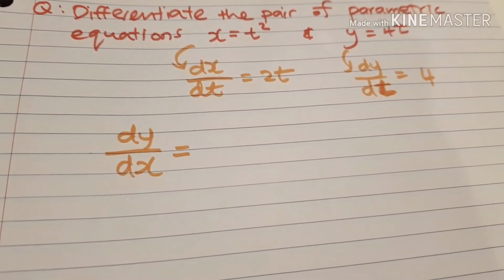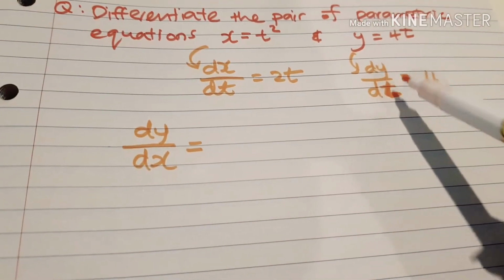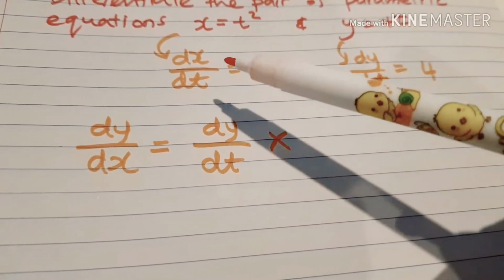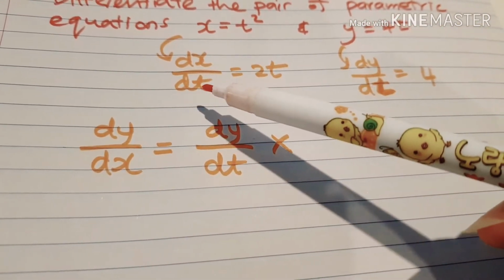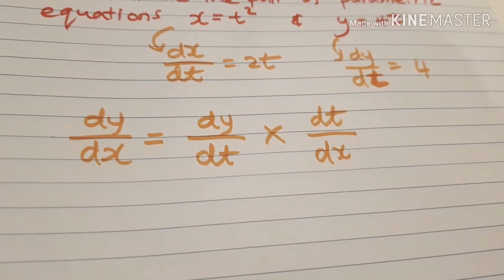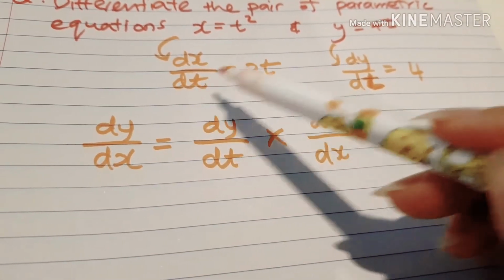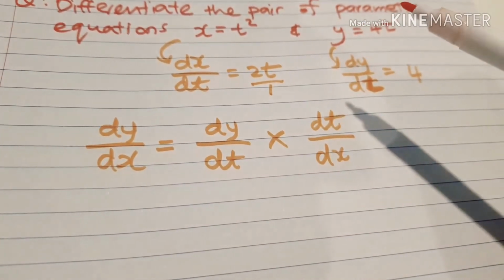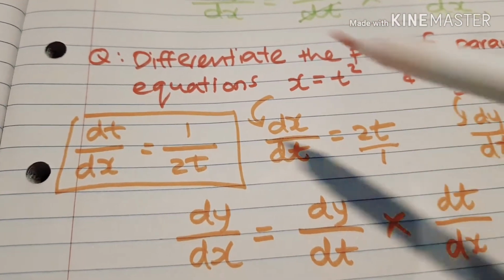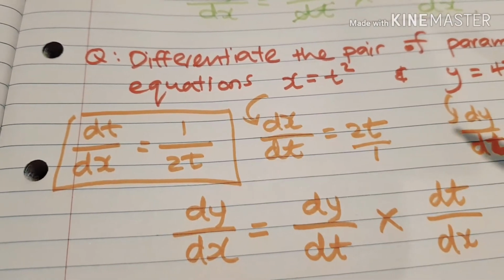In order to make dy over dx, what do we need to do? dy is at the top, so I'm going to use this one, times... I want x to be at the bottom, so I'm going to flip it and make it dt over dx. What I mean by flipping it is that dx over dt is 2t over 1, and I'm going to flip this, so dt over dx is going to be 1 over 2t.